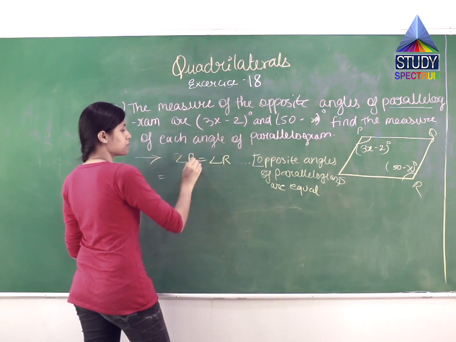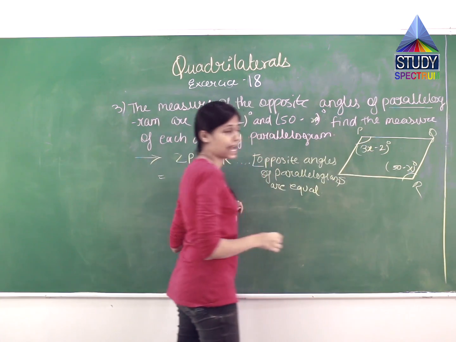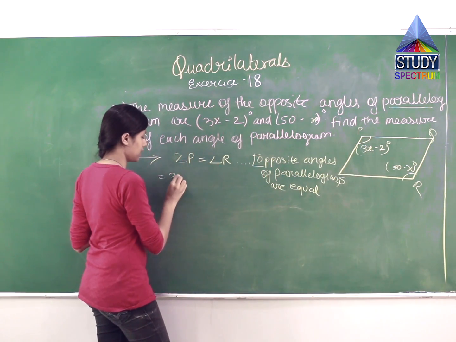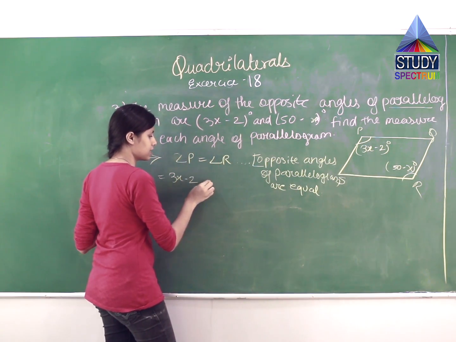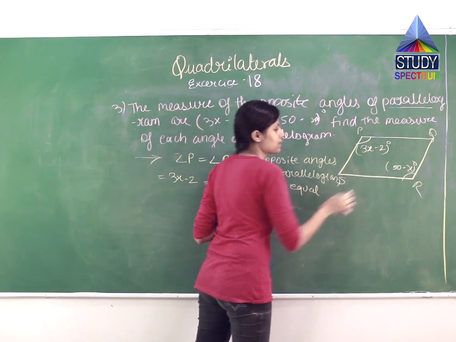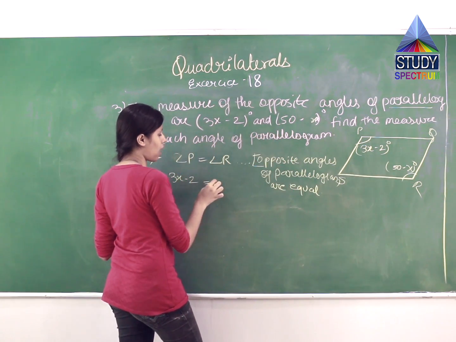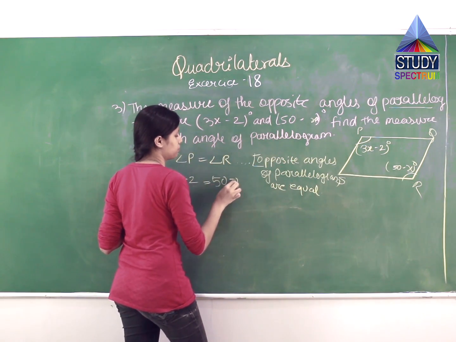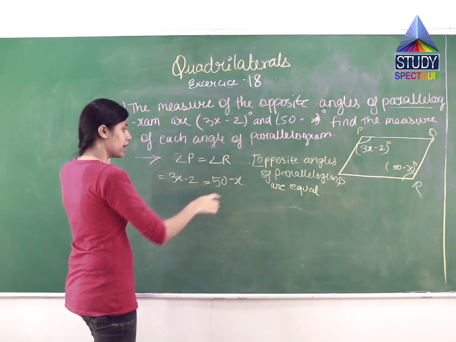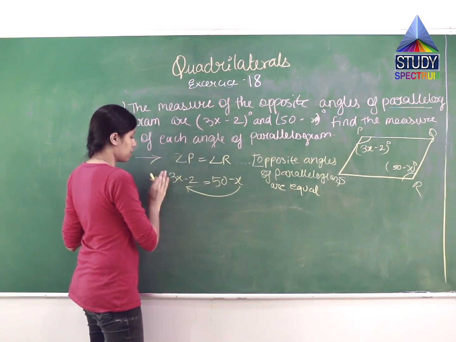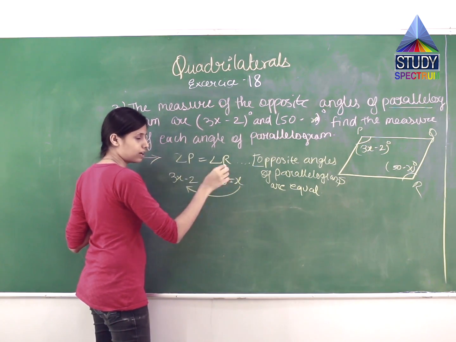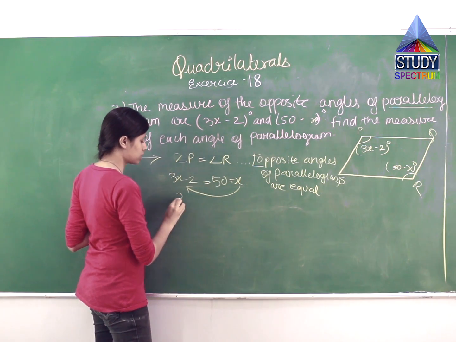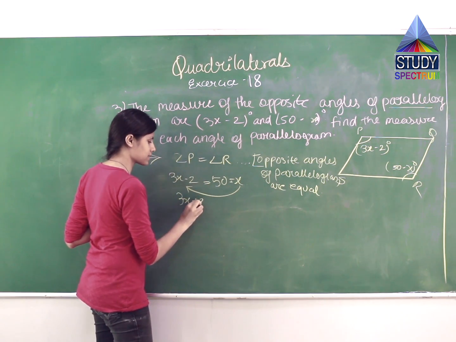So over here, substituting the value of P, which is 3x minus 2 degree. So 3x minus 2 degree is equal to how much? 50 minus x. So we are writing 50 minus x instead of R. Comparing both, if I bring x over here, the negative sign will turn into positive. So 3x plus x.